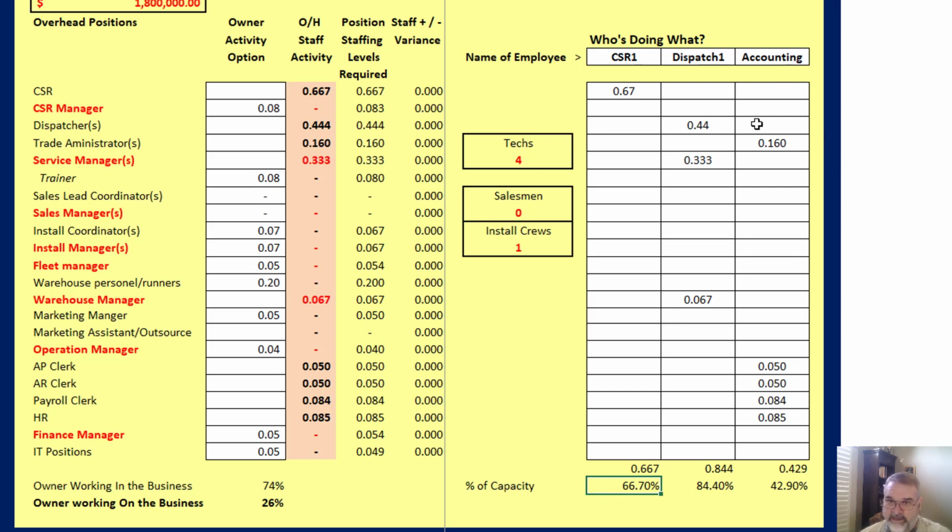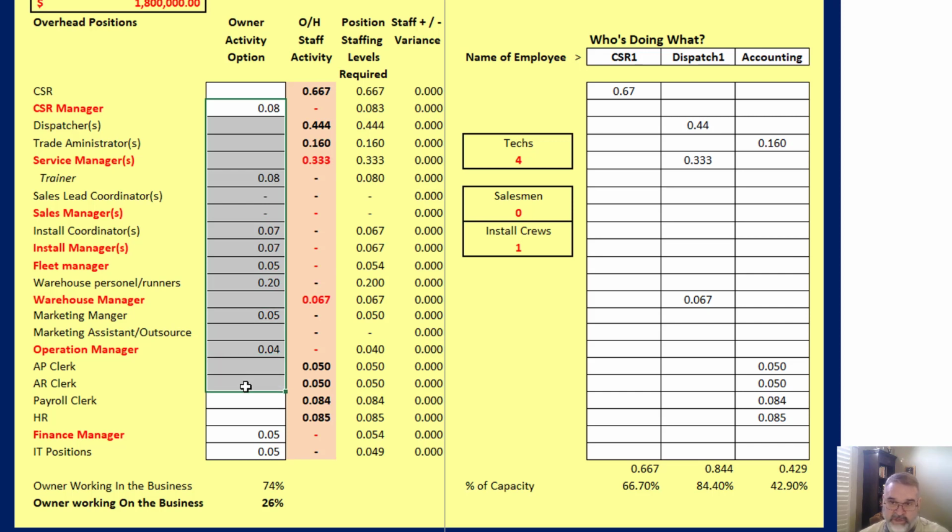And then accounting, taking over the trade administrator spot. And then these duties down here, AP, AR, payroll, HR. So they're basically at this level, you need about a 42% person. Now you look over here at the owner activity. He's wearing several hats, from CSR manager to trainer, to install coordinator, install manager.